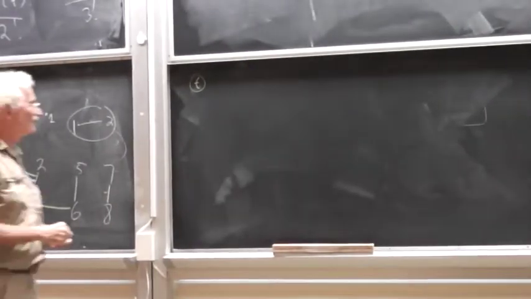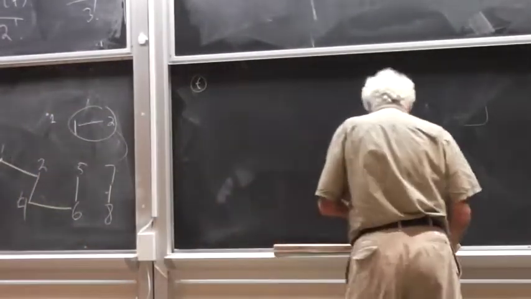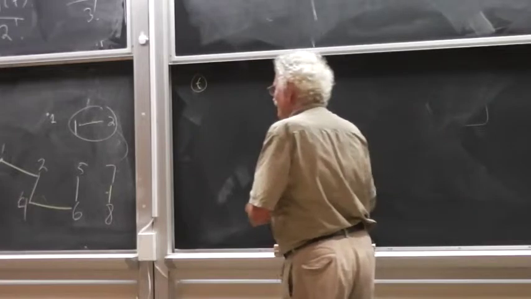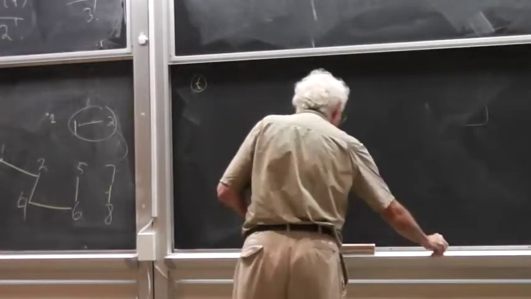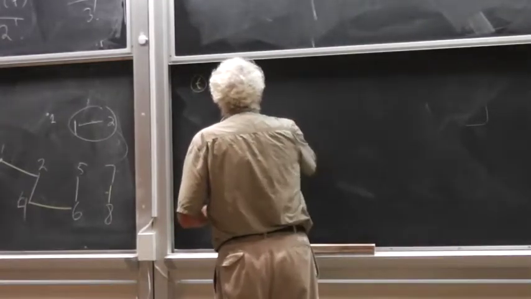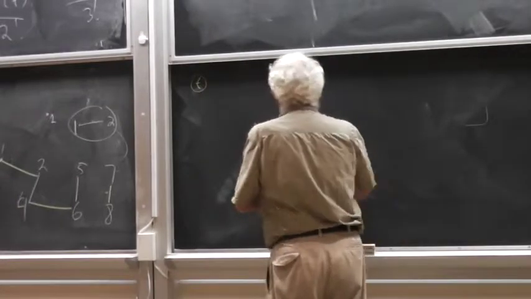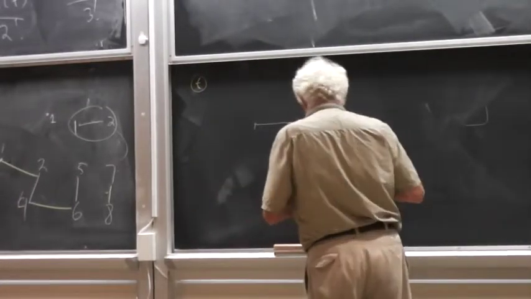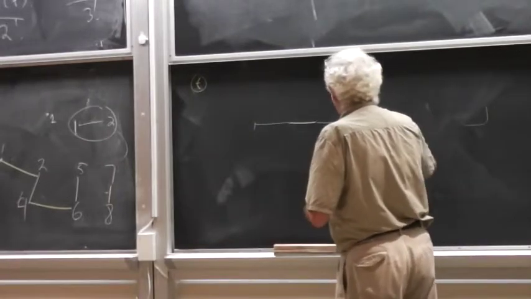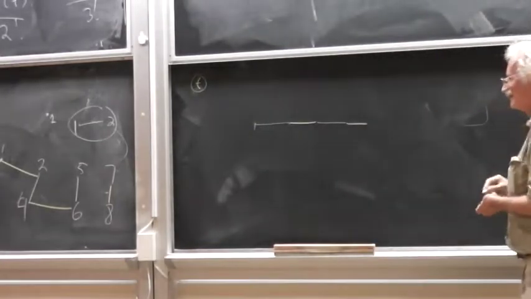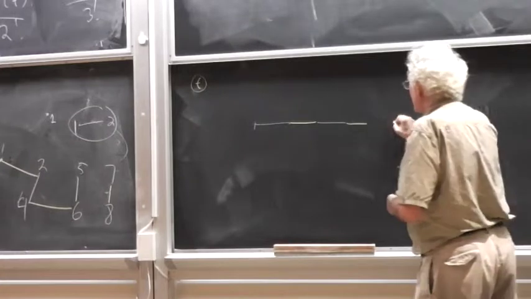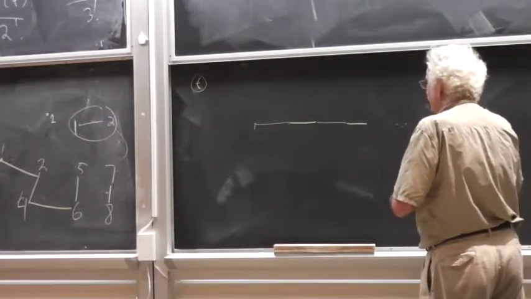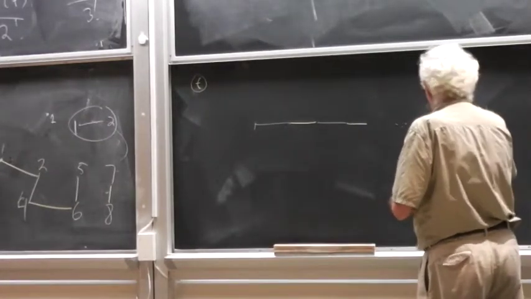But then let's look at all the possibilities. It could be white, yellow, white, yellow, and so on. So that's one possibility. So white, yellow, white, yellow, white, yellow, white.